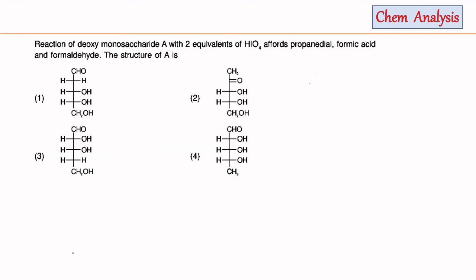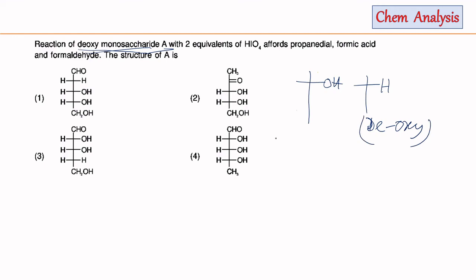In this question it is given that the deoxymonosaccharide A. What is the meaning of deoxymonosaccharide? It is a monosaccharide in which one OH group is substituted by a hydrogen atom, that is, one OH group is missing in the long carbon chain, and that will be deoxymonosaccharide.